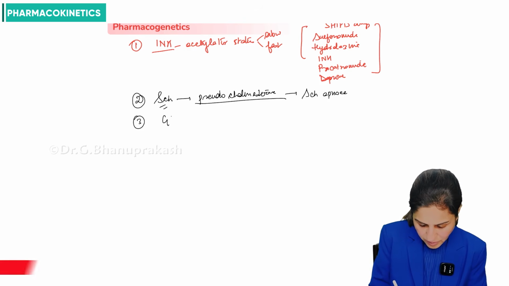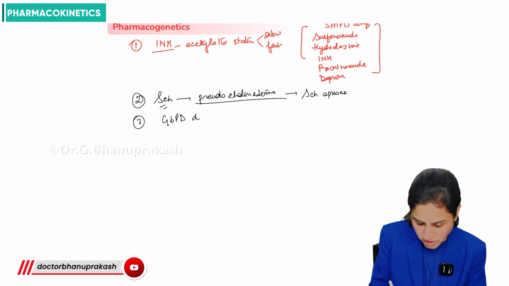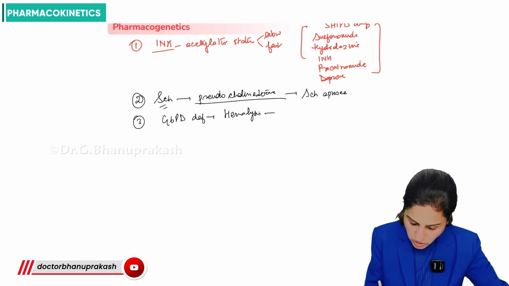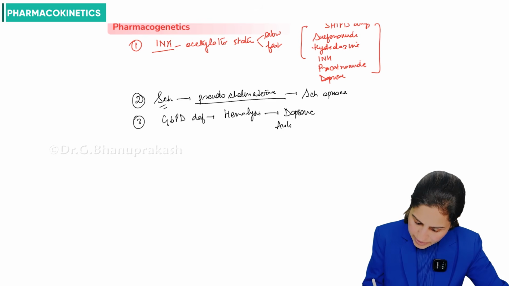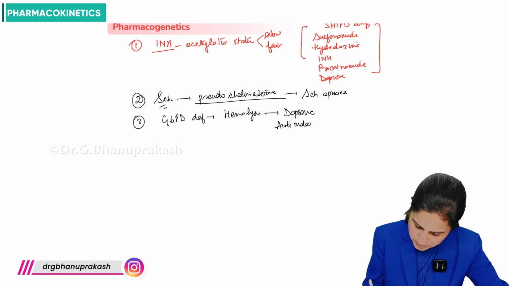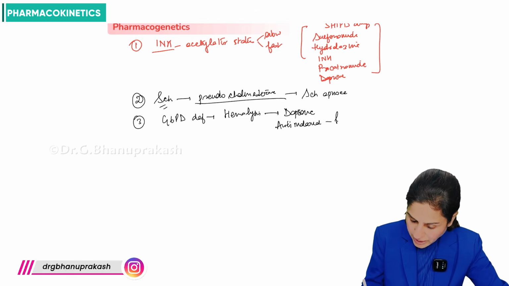Then people who are G6PD deficient can have hemolysis if you give certain drugs. Which are the drugs which can cause hemolysis in this? For example, dapsone, anti-malarials, especially primaquine.